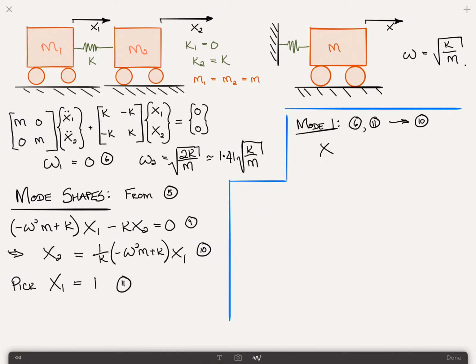Then what I find is that x2 equals x1 equals 1. So my first mode shape, which I'll denote as phi 1, is equal to 1, 1. We'll call that equation 12. And I'll come back to that. Let's just calculate mode 2, and then we'll come back and talk about what these mode shapes are telling us.